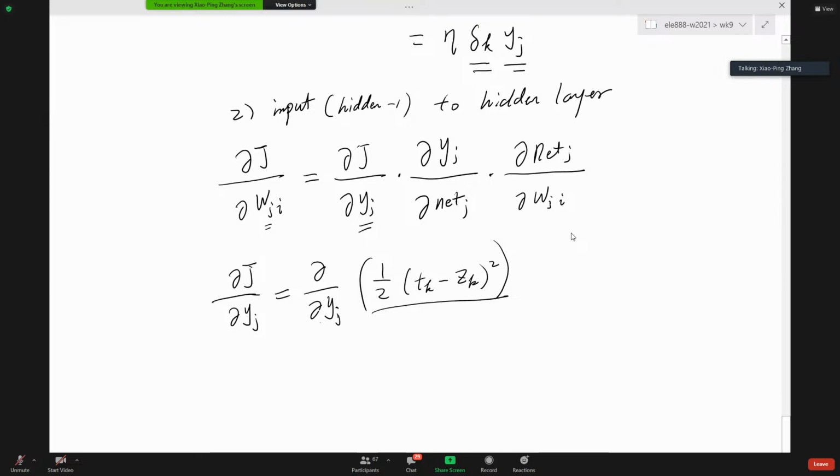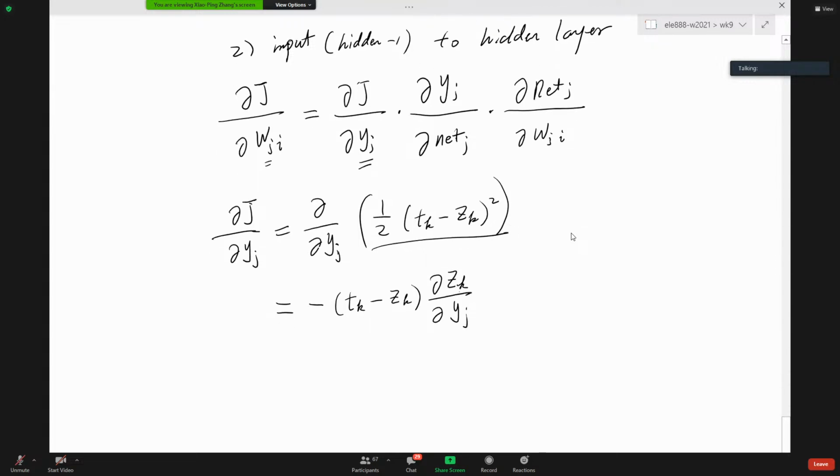Again we do the chain rule. We first do zk, then we have minus tk minus zk. Then partial zk by partial yj.